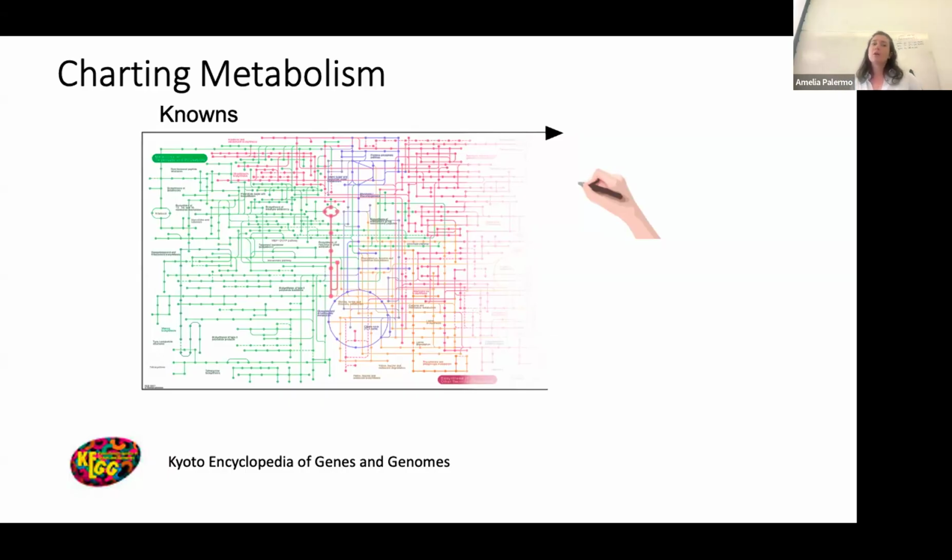We try to chart what is known of metabolism in the sense of central carbon metabolism. So what are the core functionalities of metabolism in the cell that enable the cell not only to produce energy and use that energy, but also to generate the building blocks for the cell per se.